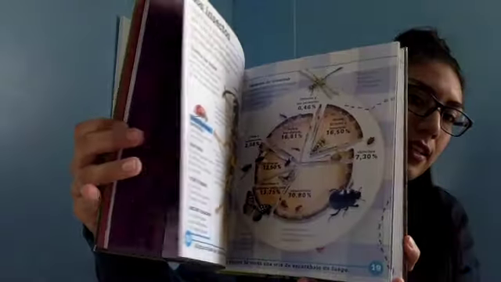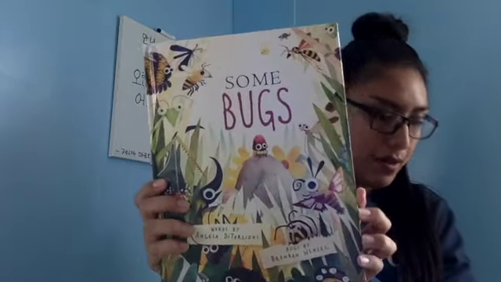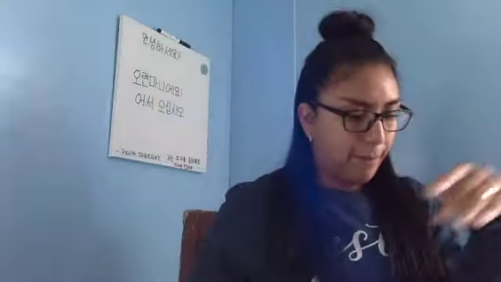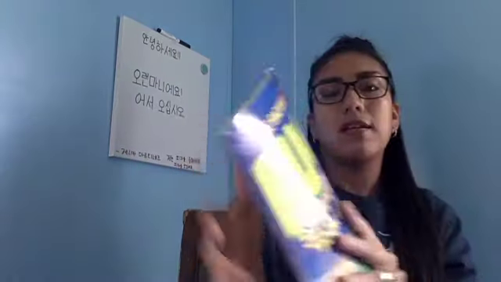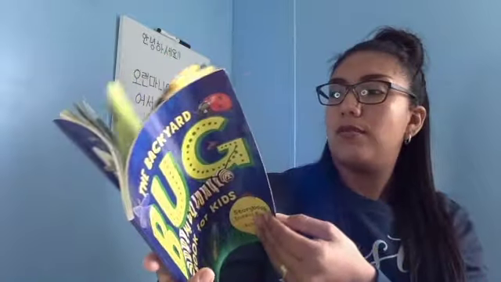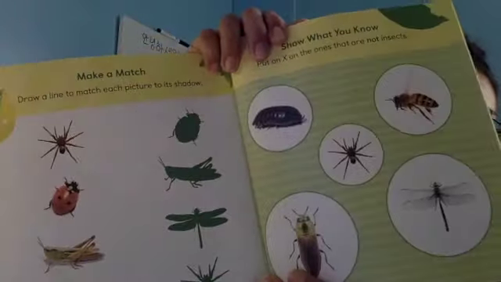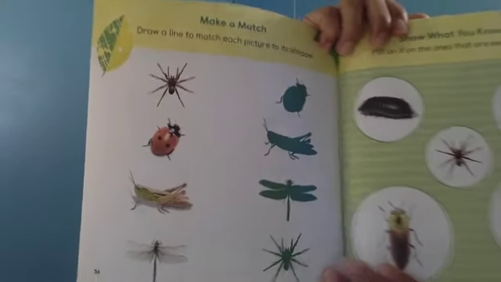Insects. There you go. So I'll have that, and then I have some bugs. I also found this on Amazon, and it's a little book with activities. So it has information about them, but then it also has activities for them to do.